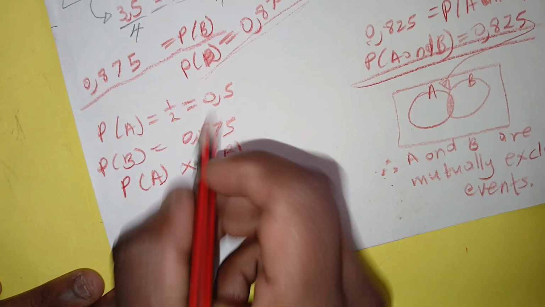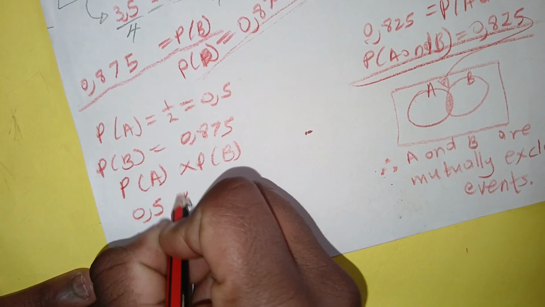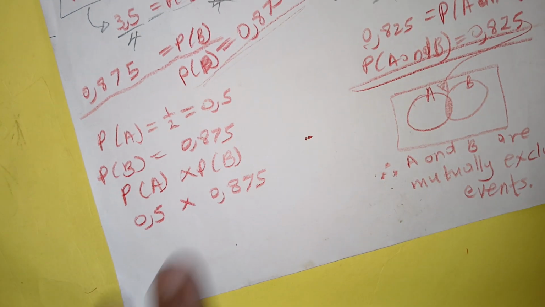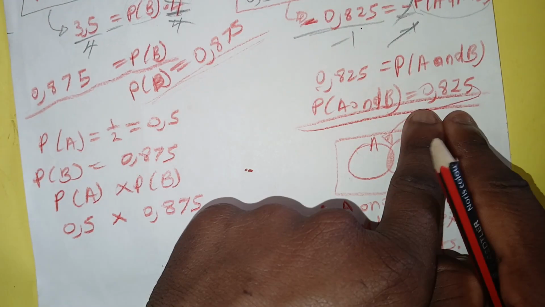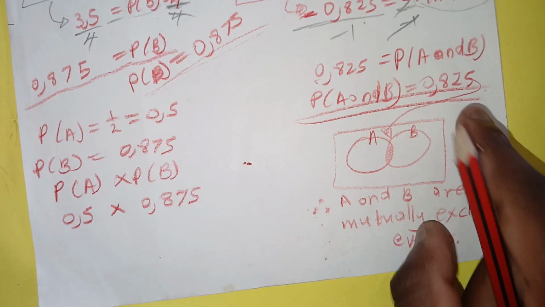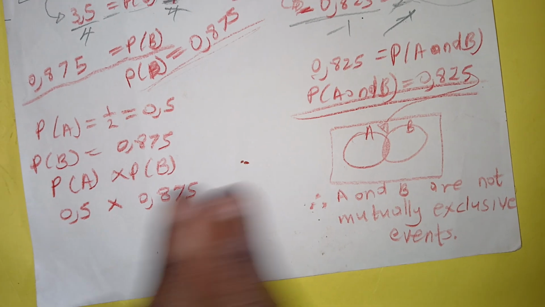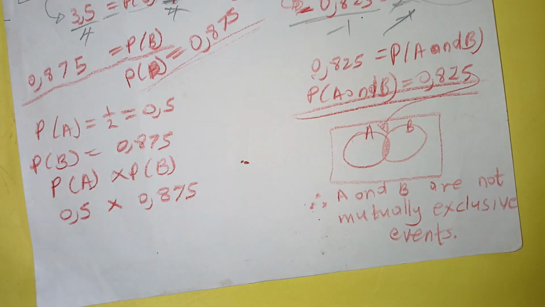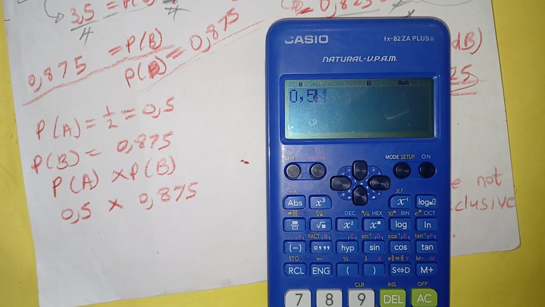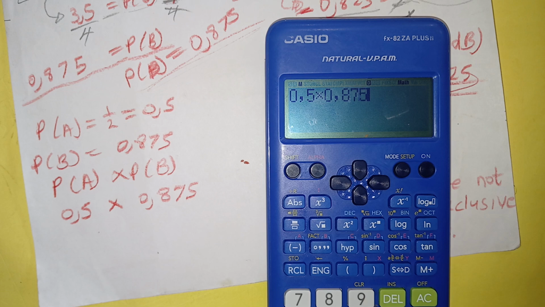So check something. It's 0,5 multiplied by 0,7. If this thing is equal to that one, it means these events are independent. But if this thing is not equal to that one, these two events are not independent.